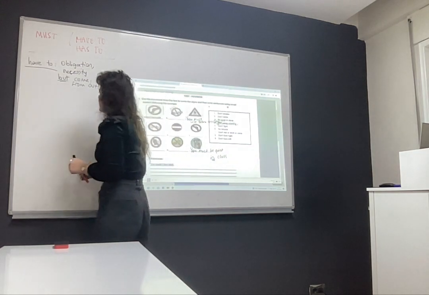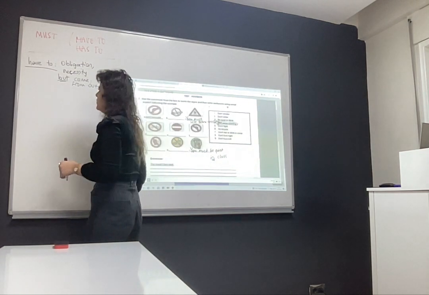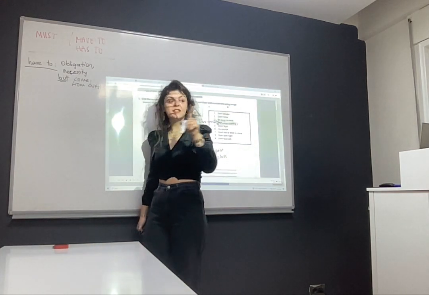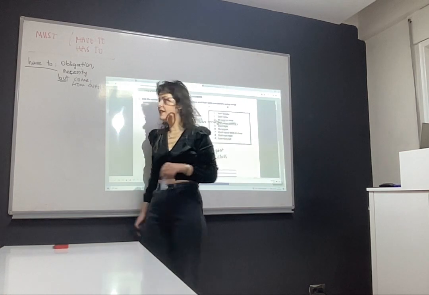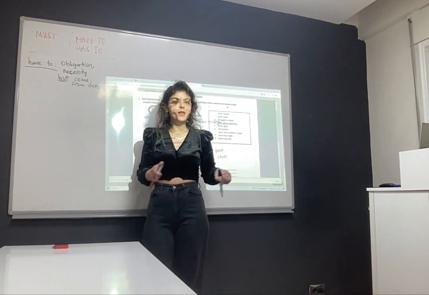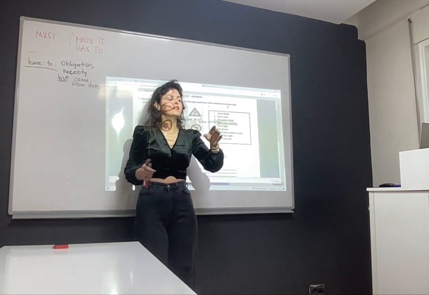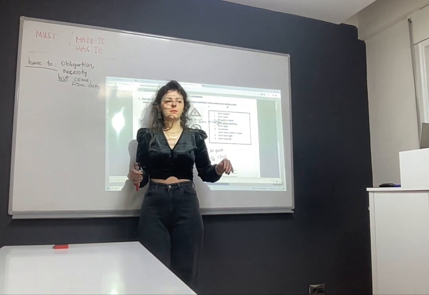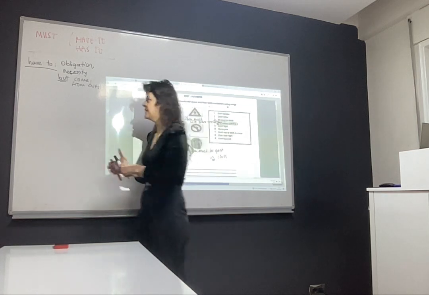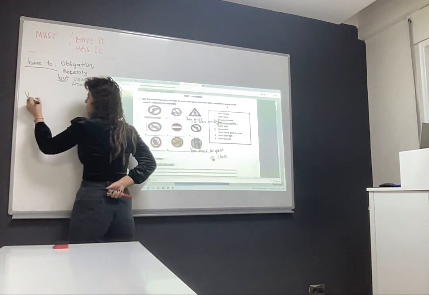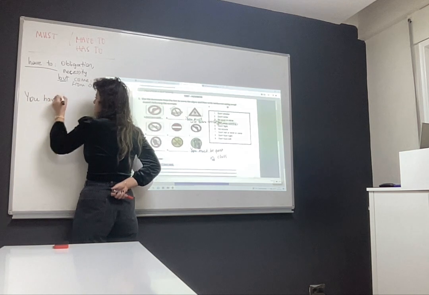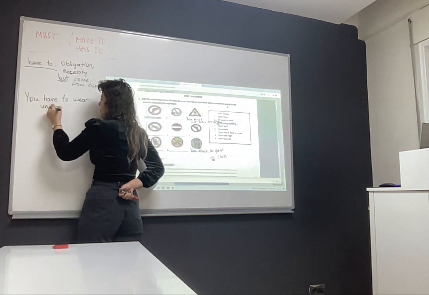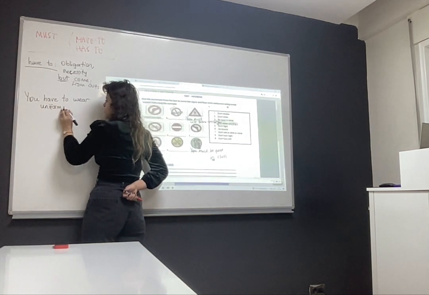So let's give an example about have to. Do you have any idea? Yes, school uniforms, isn't it? The minister said to us, students, you have to wear uniform for school. Let's write it down. You have to wear uniform in school.